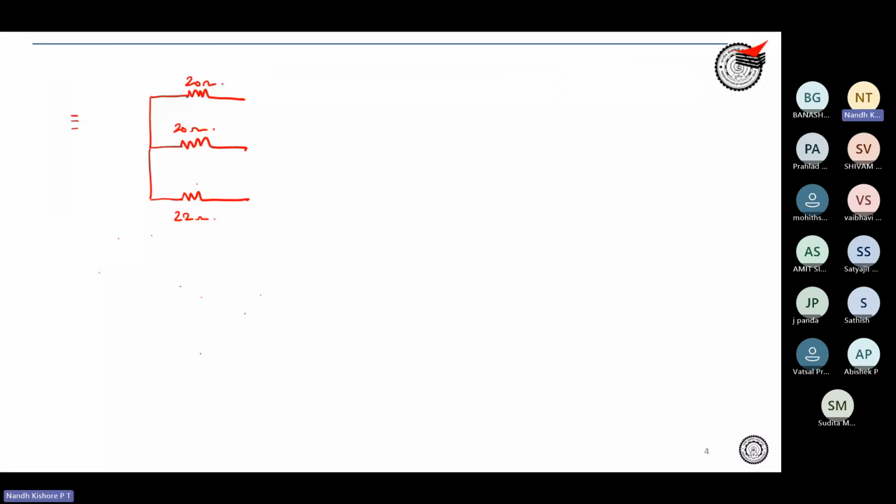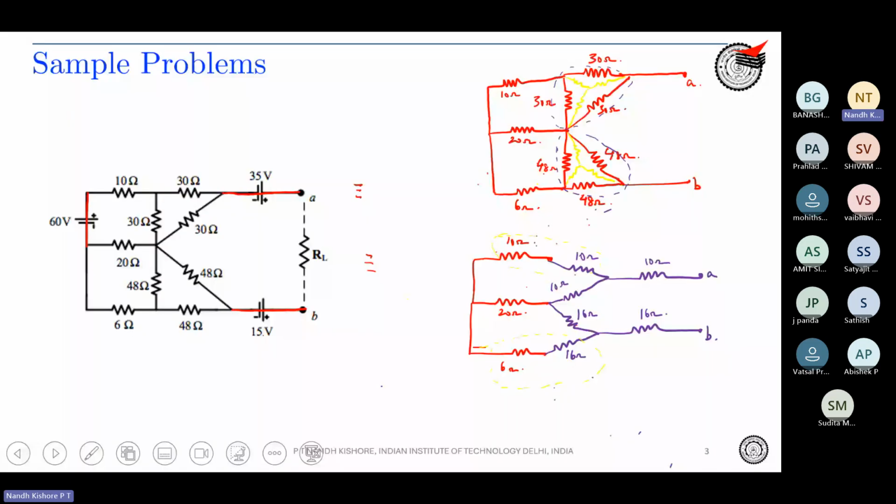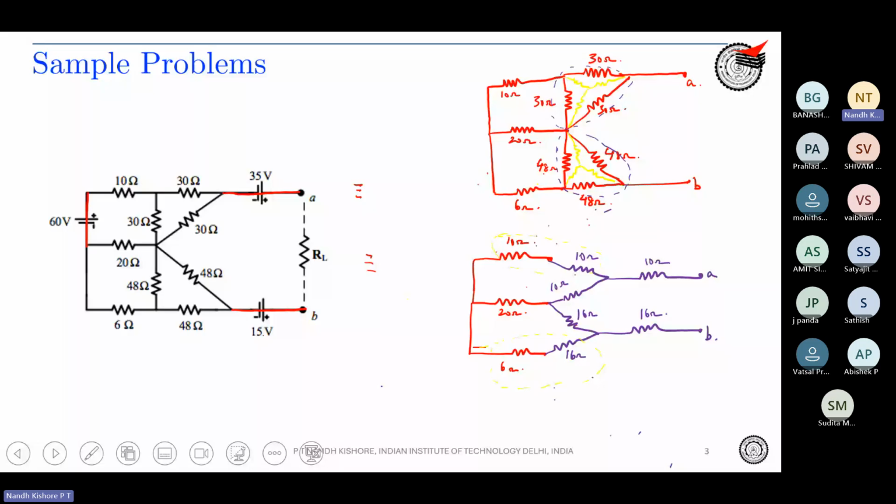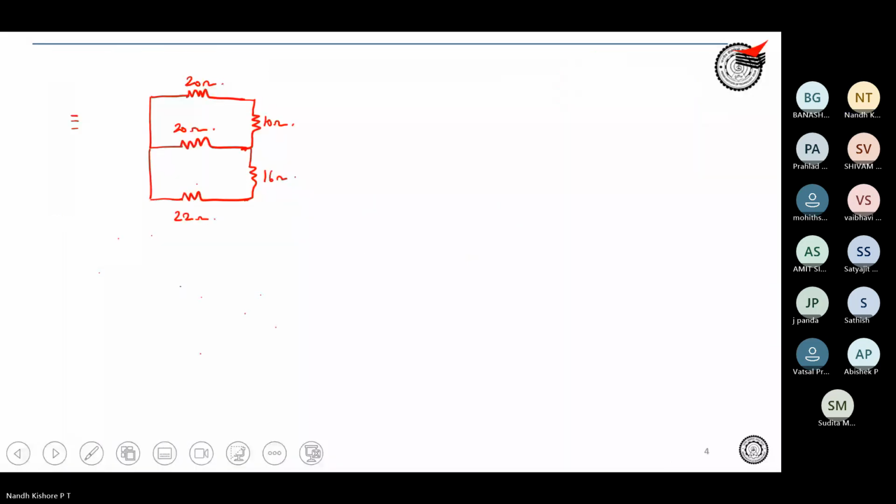So then what you are having is a 10 ohm resistor connected like this and a 16 ohm resistor over here. So you have 10 ohm, you have 16 ohms, correct? Okay. And then from the common point, you are having a 10 ohm and a 16 ohm.